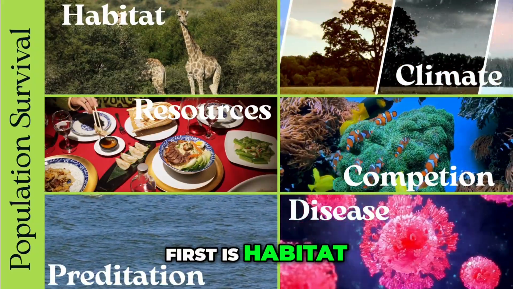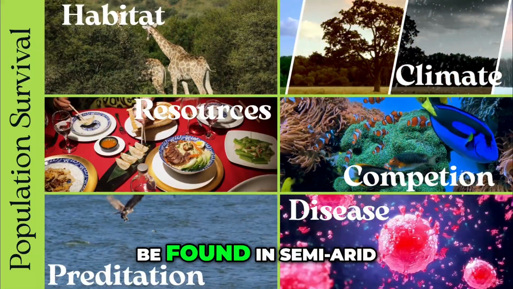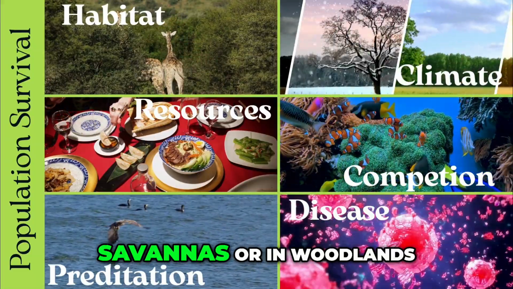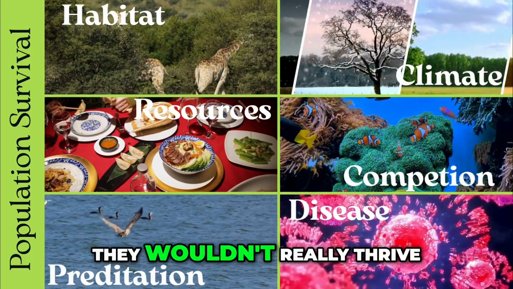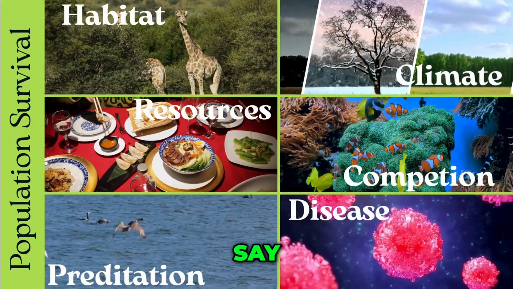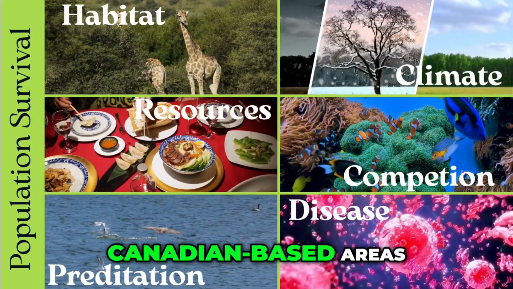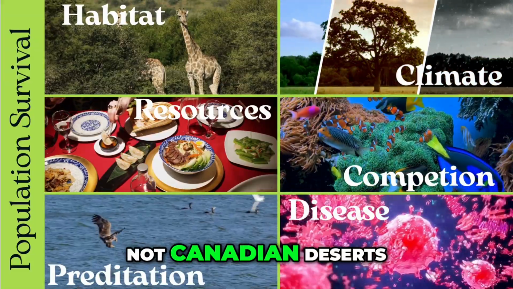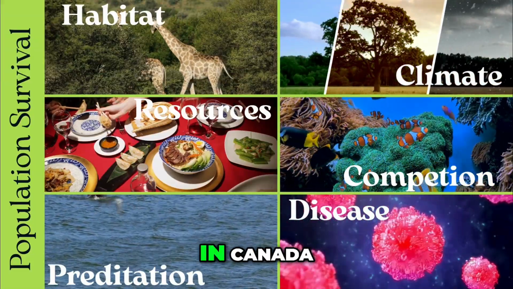First is habitat. I want you to think about a giraffe. A giraffe can only be found in semi-arid savannas or in woodlands located in Africa. They wouldn't really thrive naturally in areas like Canada. You wouldn't find them in Canada.